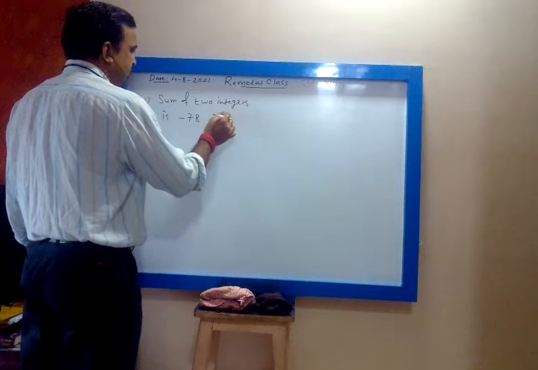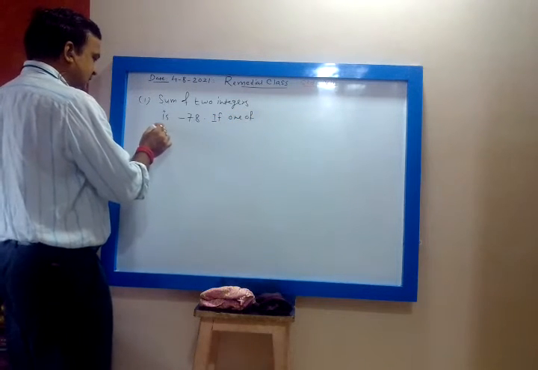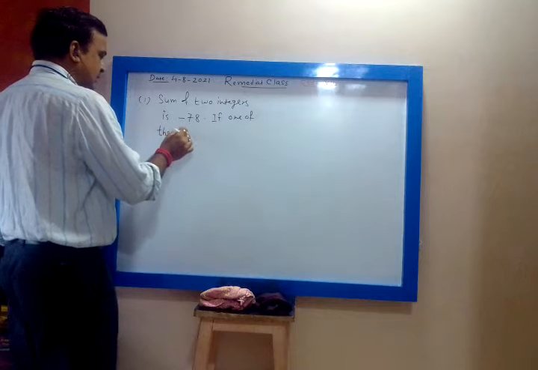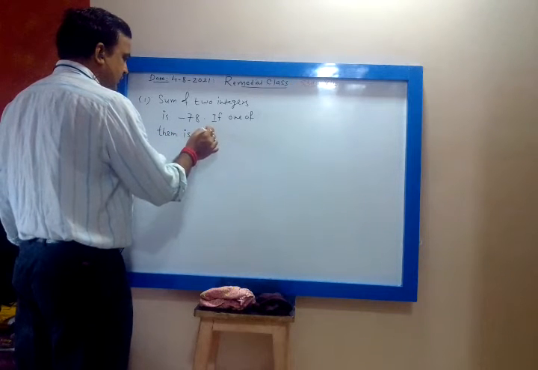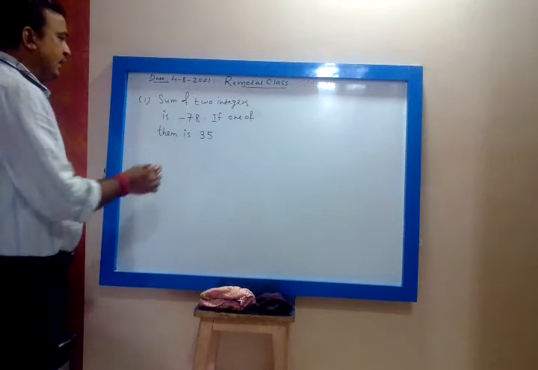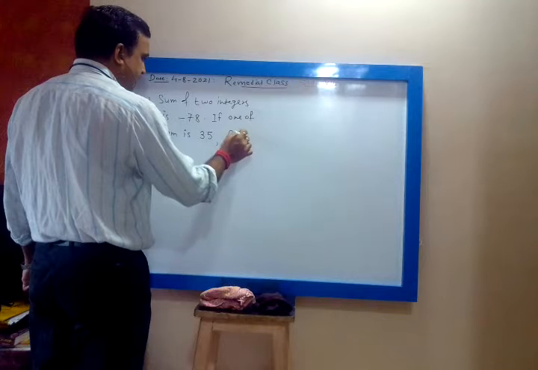If one of them is 39.35, find the other.